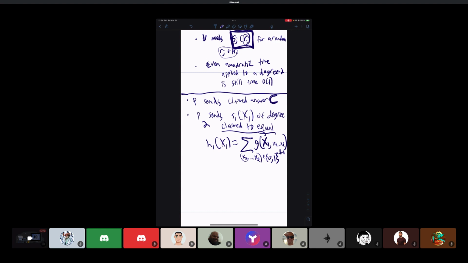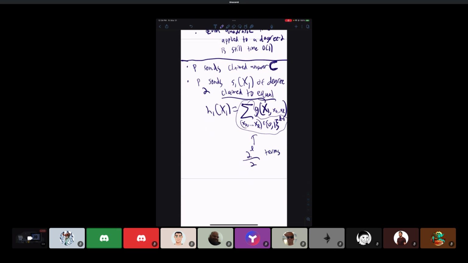So what's happening here is, if the prover's honest, there's still a huge number of terms in the sum, right? There are 2^L divided by 2 terms. So it's still a really big sum. Computing it is way more than the verifier would want to do on its own.